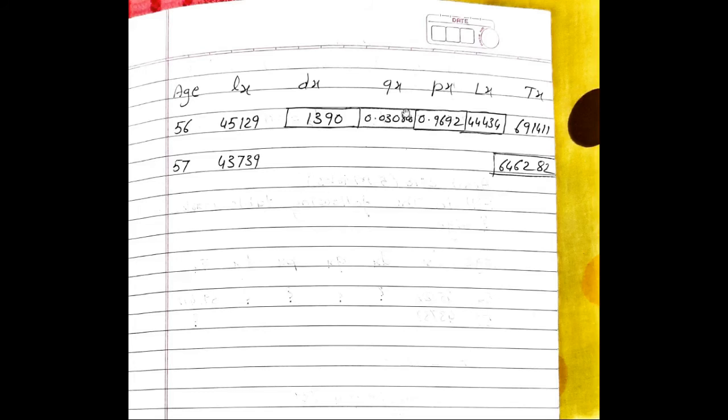If you subtract this value from 1, we get the Px value. Lx value has already been calculated as 44,434. Tx value for age 57 we have already calculated as 6,46,282.